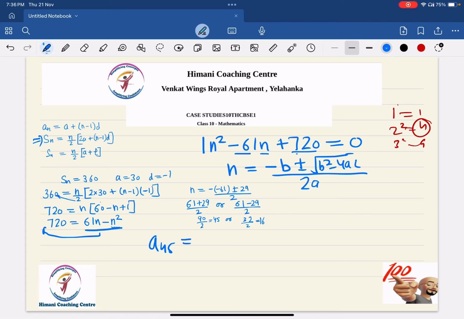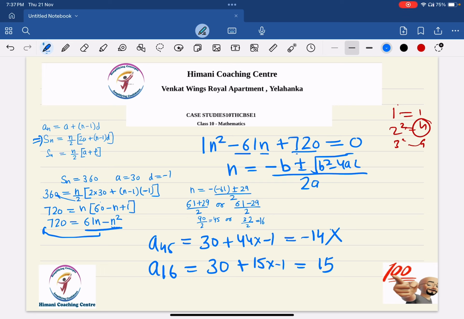A plus n minus 1 times d. A is 30 plus 44 times minus 1 and you get minus 14. So that means n cannot be 45. Check A16, which is 30 plus 15 times minus 1, and that is what you get. So we get that in row number 16 there would be 15 bricks, which is a positive number.